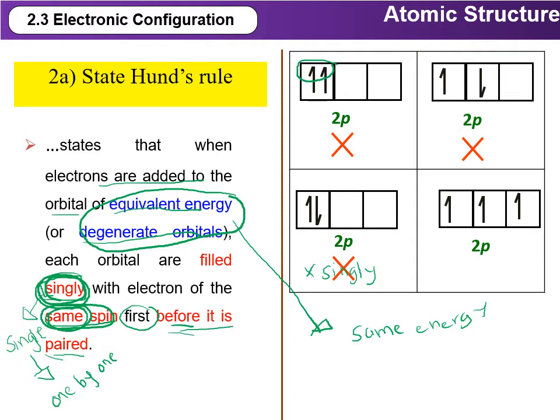So make sure we fill all the orbitals with one electron of the same spin, then only we start to pair up. When we pair up with another electron, it will have the different spin. So this is the correct way to fill electrons in degenerate orbitals.